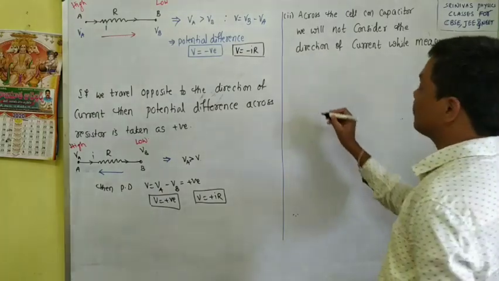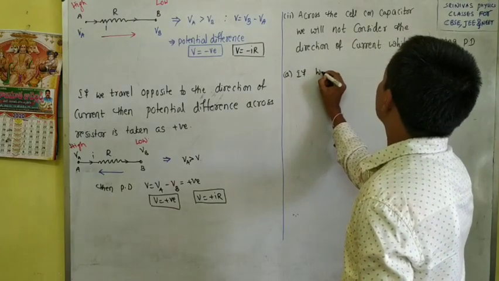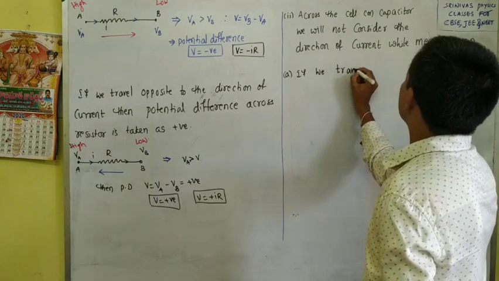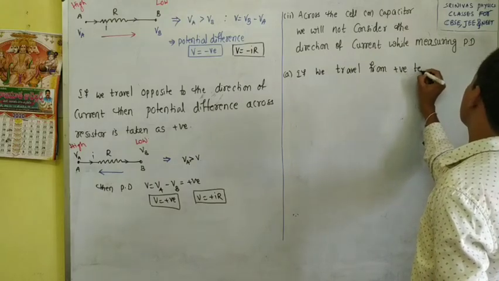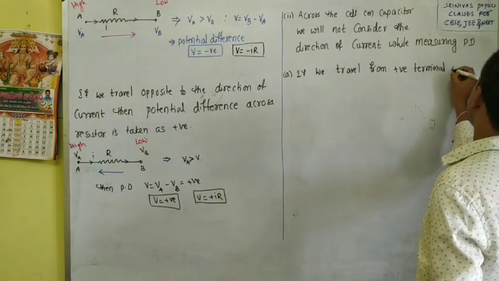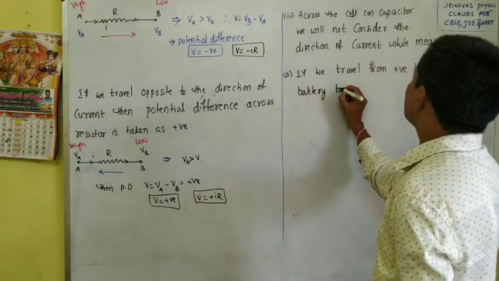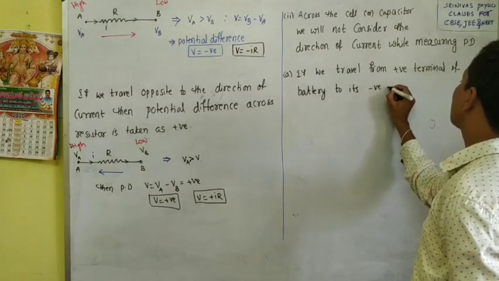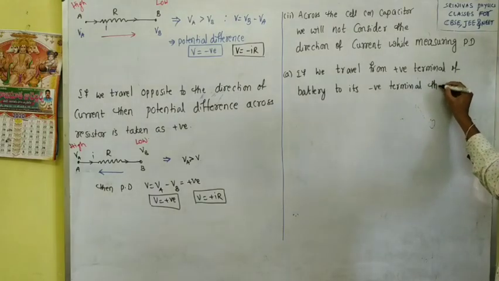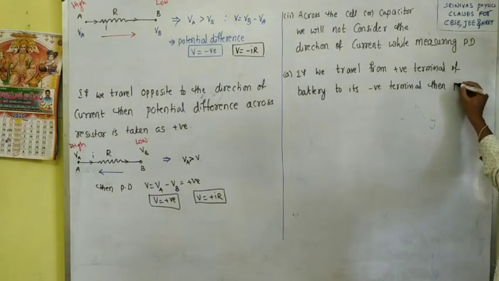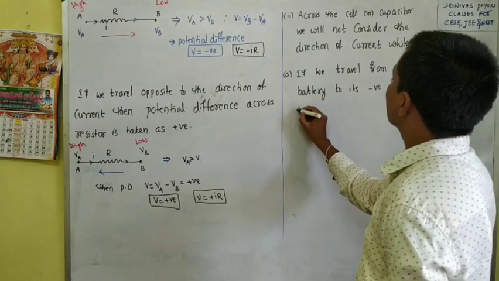What we will consider, that is the first point: if we travel from the positive terminal of the battery to its negative terminal, then the EMF across the cell is taken as negative.